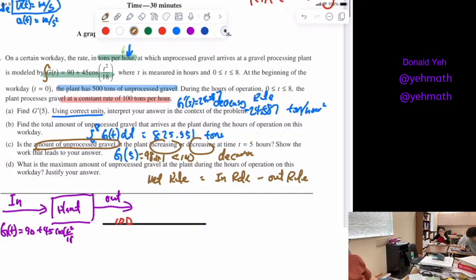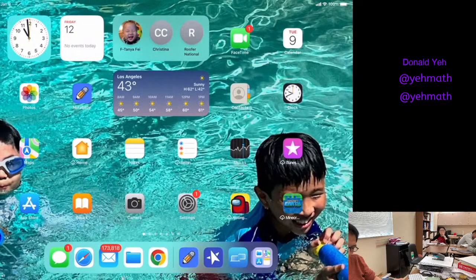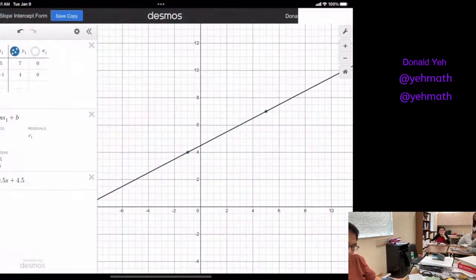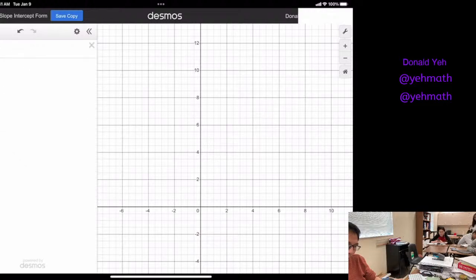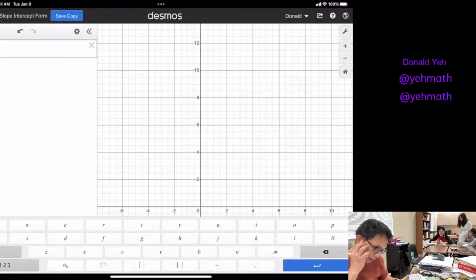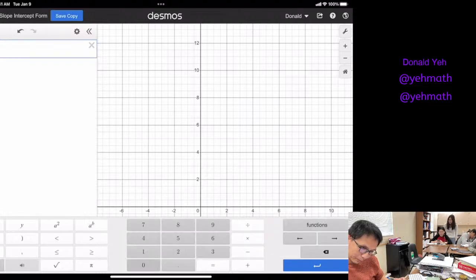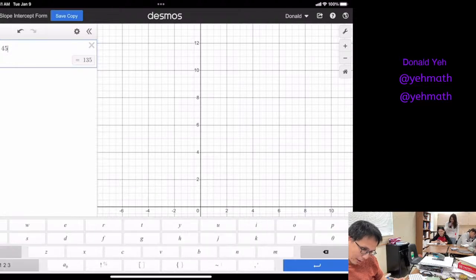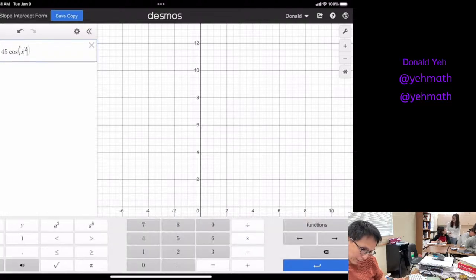So what we're going to have to do is graph this function. Now, I'm not going to use the TI to graph because you guys already know how to use the TI to graph. I'm going to use Desmos to graph, and I will show you the Desmos graph. I'm going to type in the function, which is 90, and the good thing is Desmos usually is set in radians, then cosine of x squared over 18.